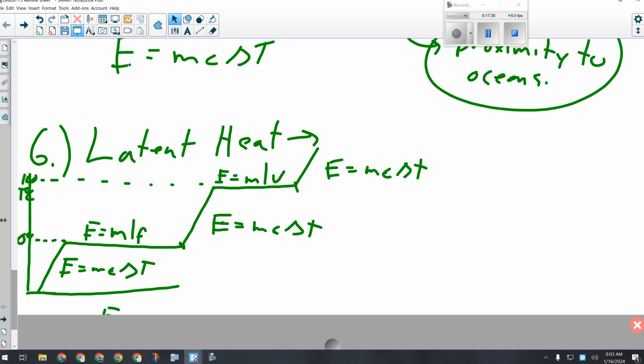Okay, so the big thing you need to know in order to solve a latent heat problem is the shape of the heating curve of water, okay, and what formula you use at each step. Okay, anywhere the line goes up, you use E equals mc delta T because temperature is changing. Anywhere the line is flat, okay, then you use E equals mLf or E equals mLv. Okay, if it's freezing or melting, it's Lf.